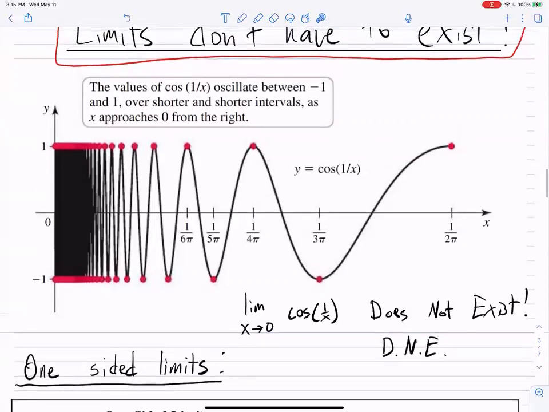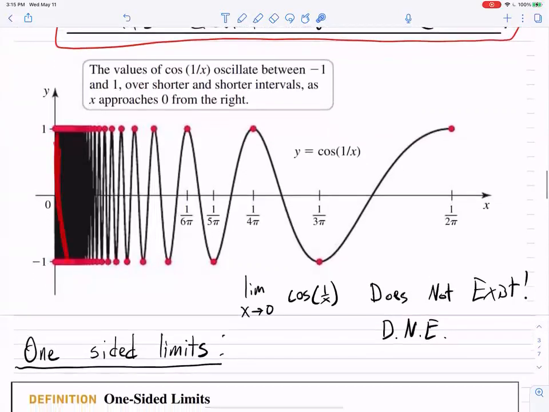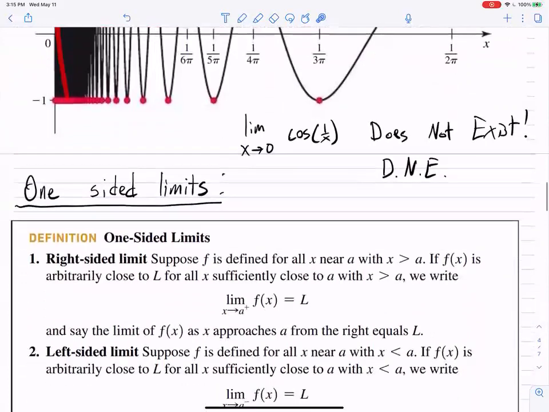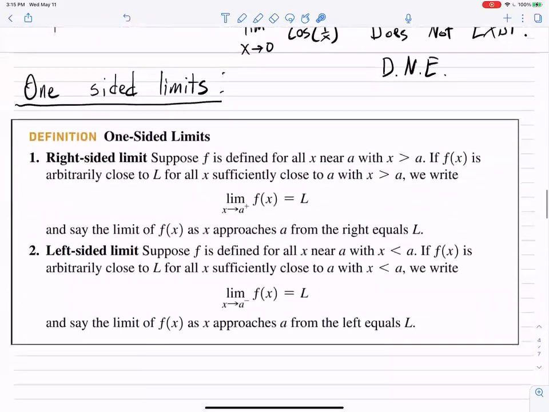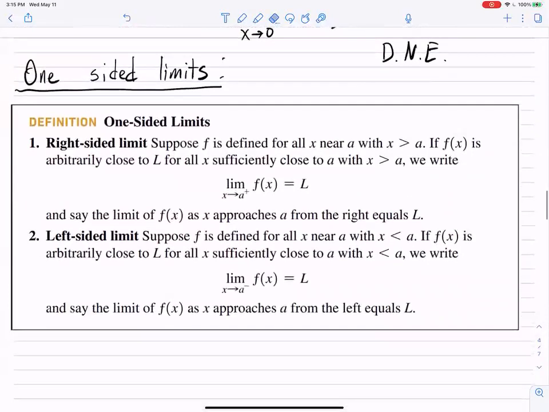There are other ways for limits to not exist other than this pathological weird behavior. And so let's take a look at that. In order to do that, we need to define one-sided limits. And so a one-sided limit, here's the definition, and I'll let you read that later, but the notation means the limit as x approaches a from the right.